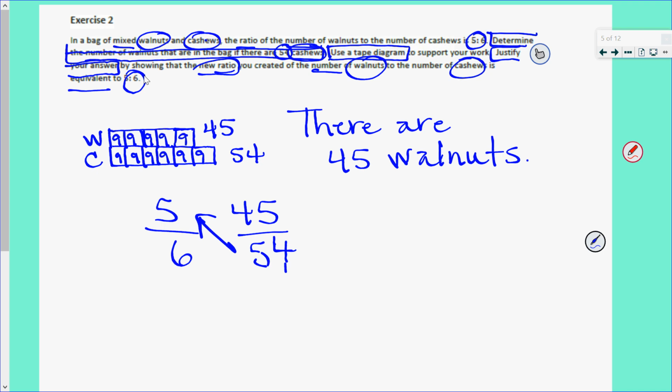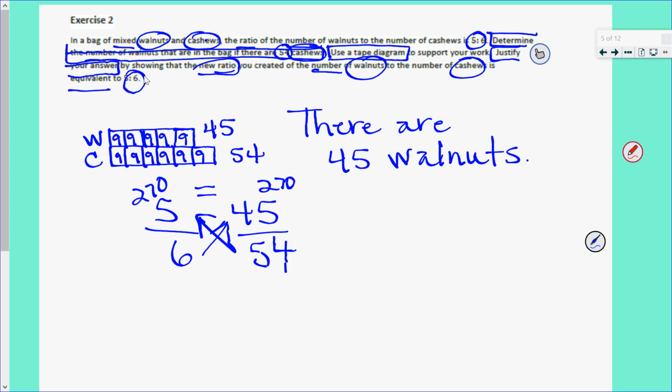Okay. 270. Kyrie said 270 right here. What about 6 times 45? 270, go figure. Are they equivalent? Yes. Yes, they are equal.